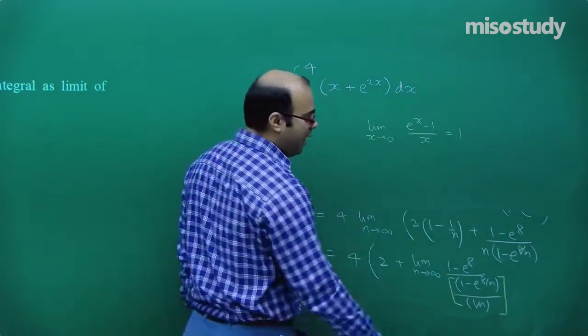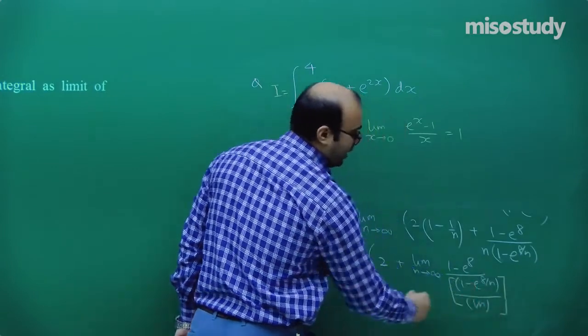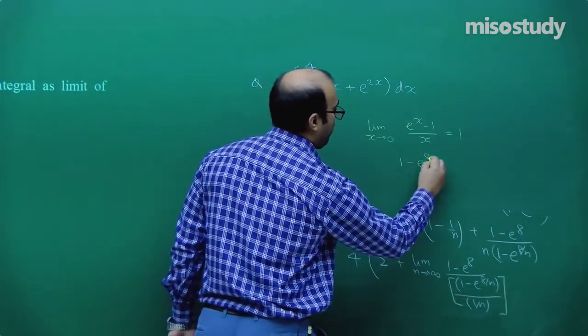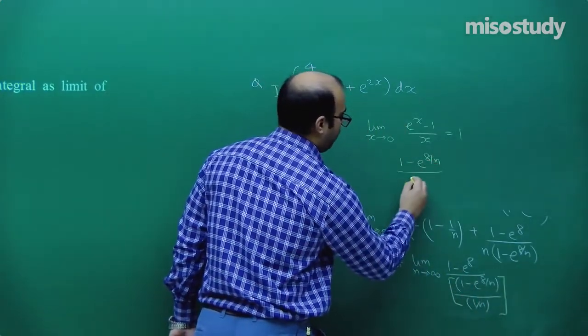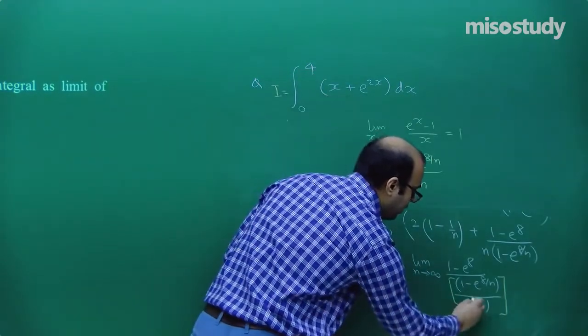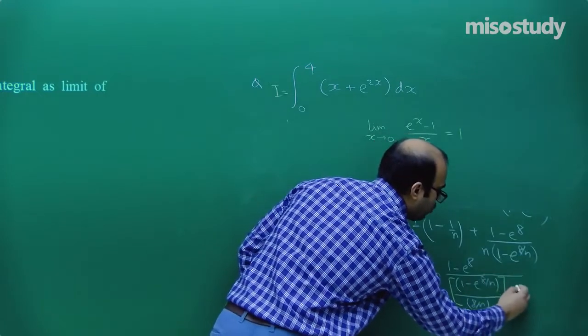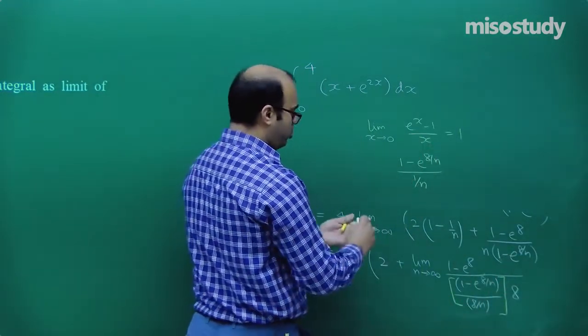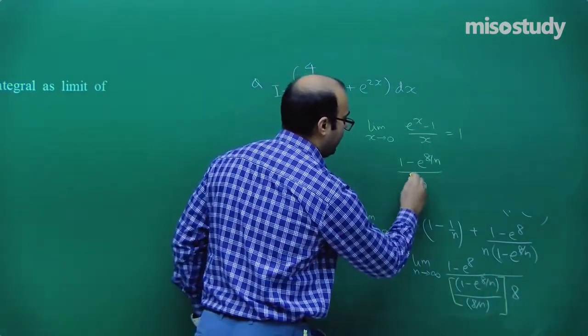Here this term in the square bracket is (1 minus e to the power 8 by n) upon 1 by n, which can be multiplied by 8 here, and 8 can be multiplied to compensate here also. So we can change this 1 by n to 8 by n.